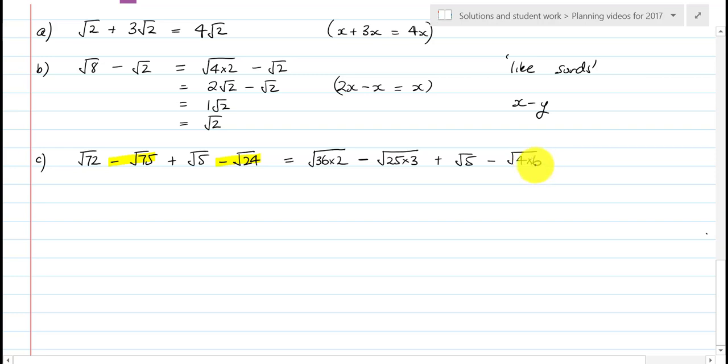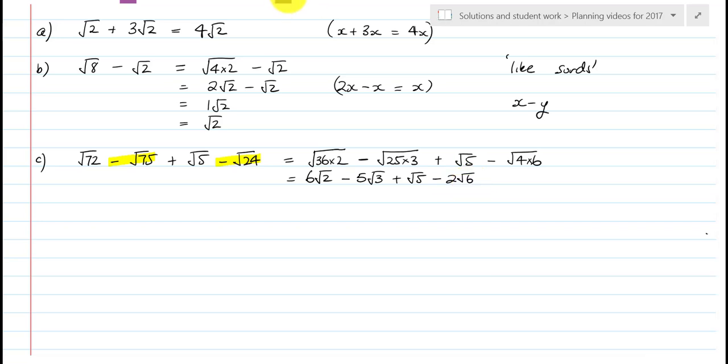And 4 is the largest square number I can take out of it. And so now I come out with this. 36 times 2 is 6 root 2 minus 5 root 3 plus root 5 minus 2 root 6.